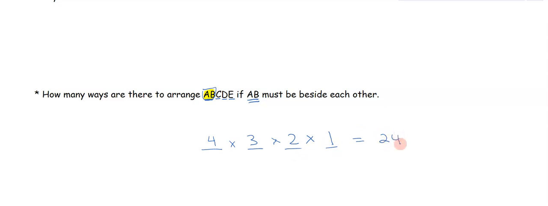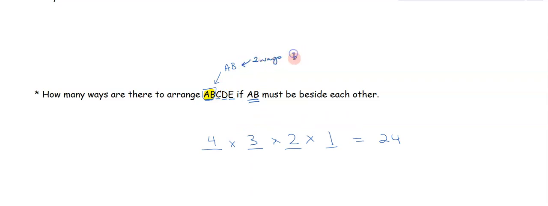sit beside each other. But each one of these is where A is first and B is second, right? So all of those 24 options have A first, B second. AB could have been here, or AB could have been last, or AB could have been in the middle, but in all of those options, it went A first, then B. So don't forget that AB has 2 ways to order it.